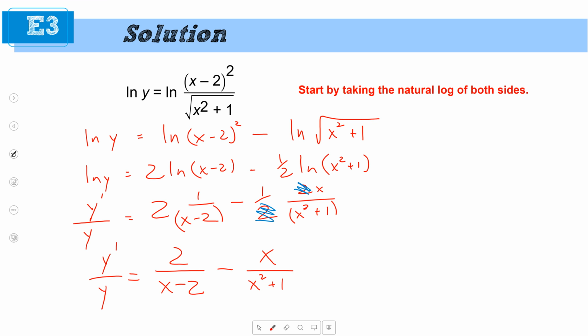Do we have to find a common denominator and simplify? No. But I still haven't solved for y prime yet, so I'm going to multiply both sides by y. I'm too lazy to rewrite it, so I'm going to do this. There we go. Am I done? No, why not? We don't want to do that. That would be disgusting. What's y equal to?